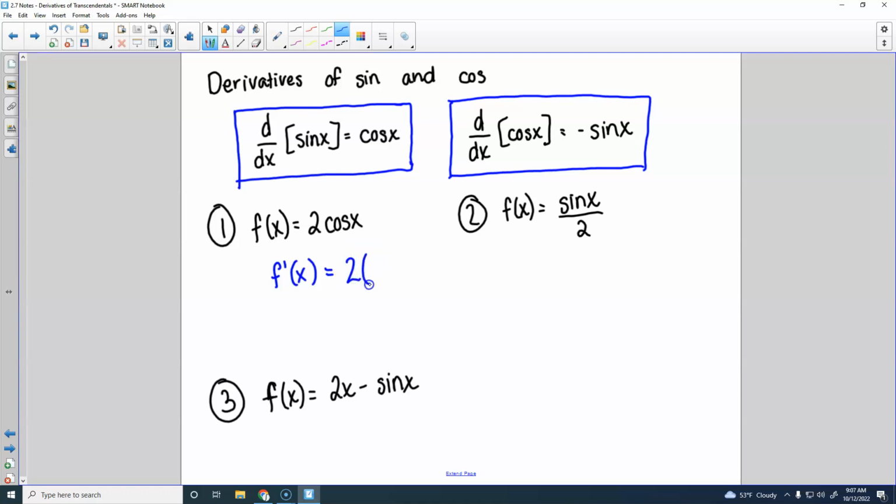So it's 2 times the derivative of cosine, and my derivative of cosine is negative sine x. And that is just going to give me negative 2 sine x. That's it. And you can skip this middle step here. Go straight to negative 2 sine x, if you please.